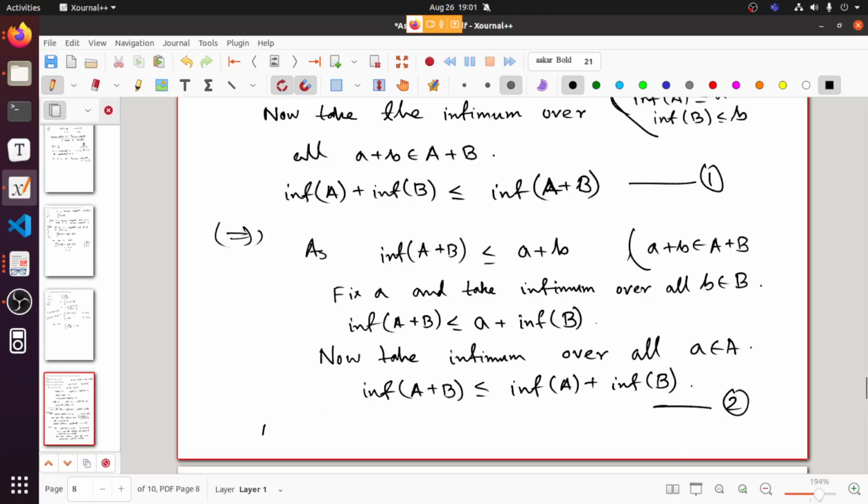So by 1 and 2 we are done. We have this equality, right? Infimum of A plus B equals infimum of A plus infimum of B.